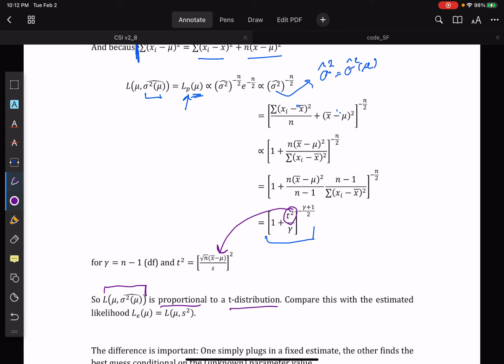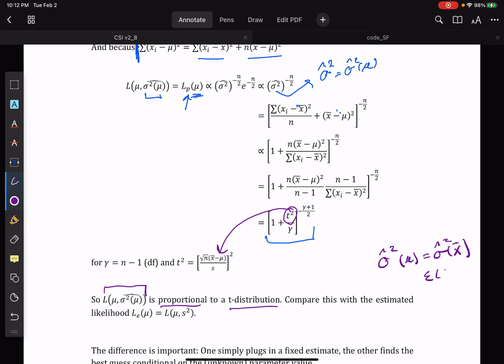Now, an estimated likelihood is going to be different. An estimated likelihood, you just plug in the global maximum likelihood estimate. Well, what would the global maximum likelihood estimate be? In this case, the global maximum likelihood estimate is going to replace mu with x bar.